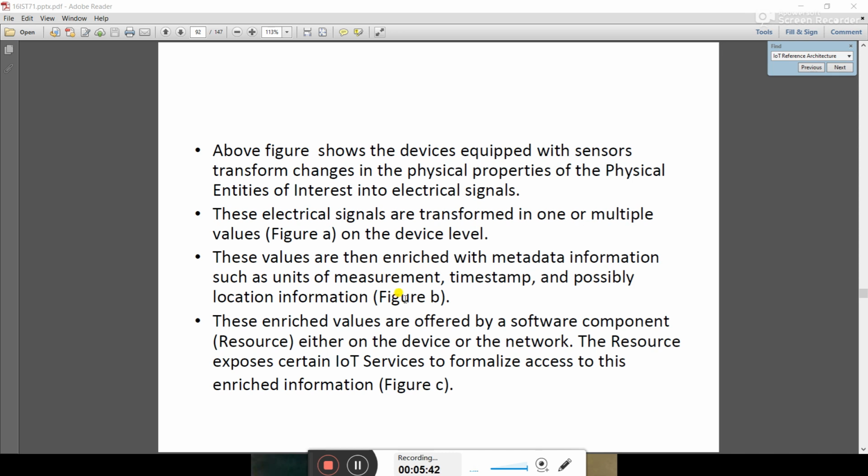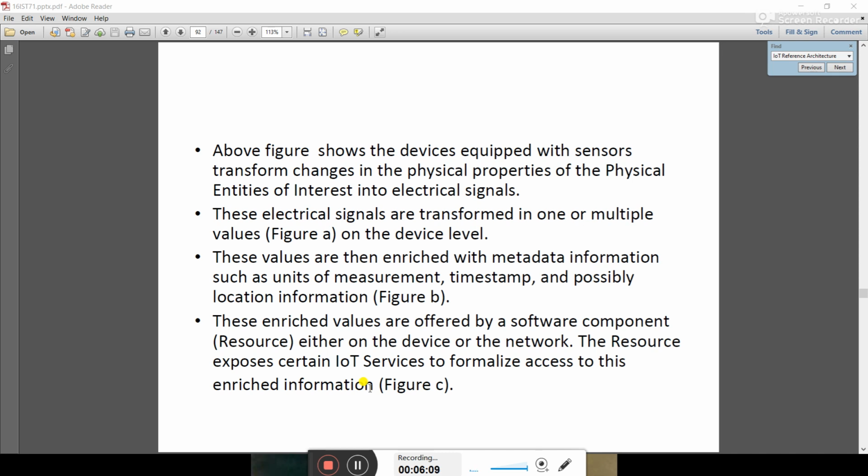I have told you that location information is needed there. These enriched values are offered by software component resources, either on the device or in the network. The resource exposes certain IoT services to formalize access to this enriched information.